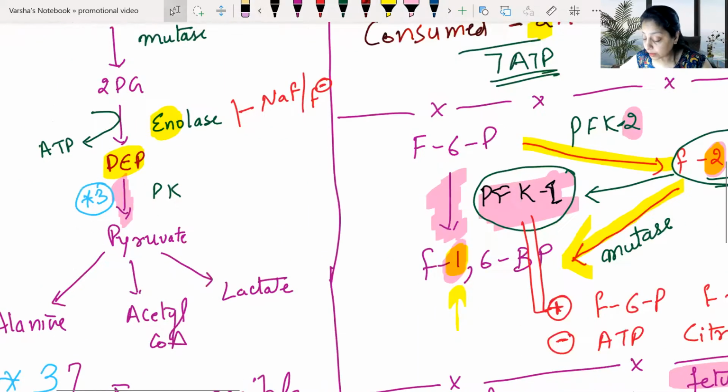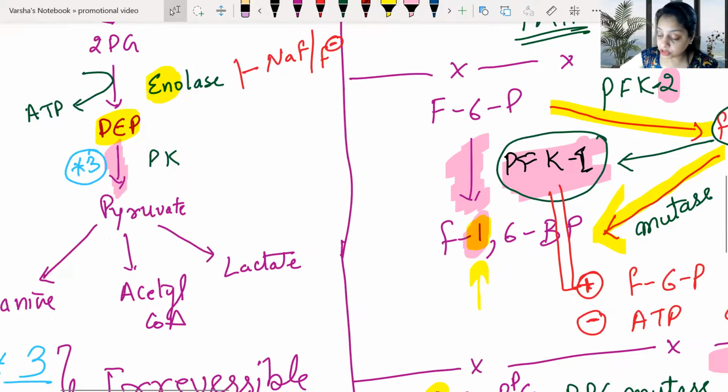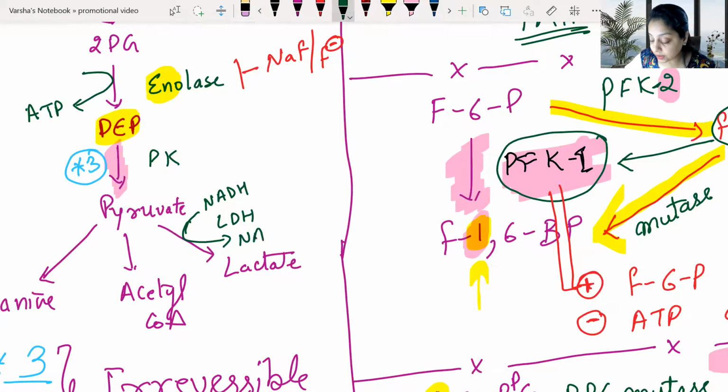Now, if I elaborate LDH, lactate dehydrogenase is the enzyme which converts pyruvate into lactate, and this is a dehydrogenase, right? So it means there is an oxidation reduction reaction going on, and we release NAD positive. What we are releasing? We are releasing NAD positive.